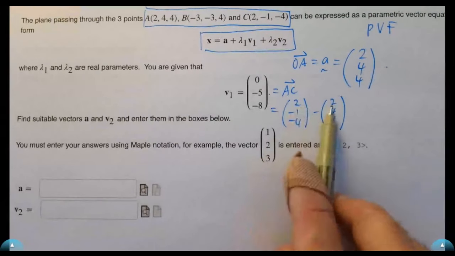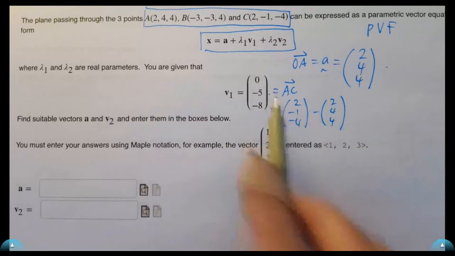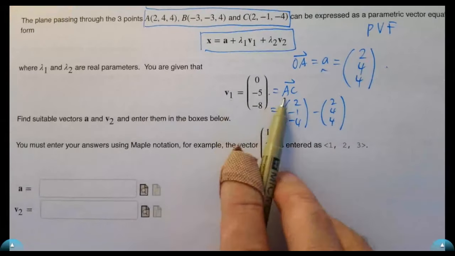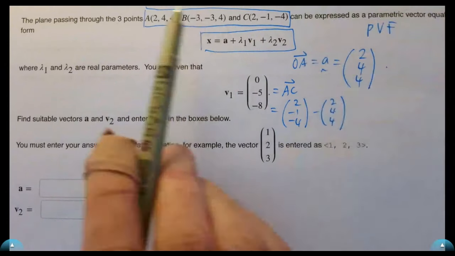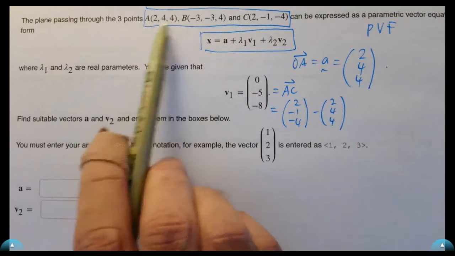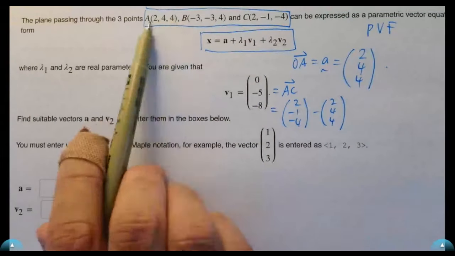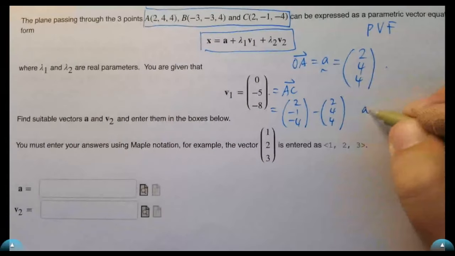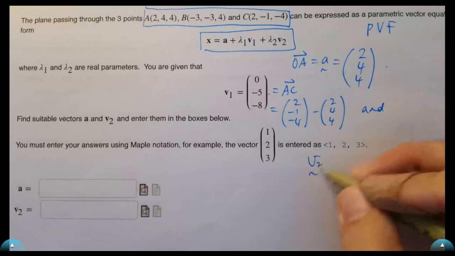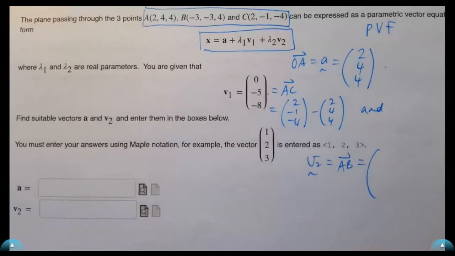And you'll see, 2 minus 2, that's 0. -1 minus 4, -5. -4 minus 4, -8. So this given vector is the vector from A to C. And as Jarvis has pointed out, let's think about the vector from A to B. That's certainly a vector that is parallel to the plane because these 2 points are contained in the plane. So let's see what happens with this vector.